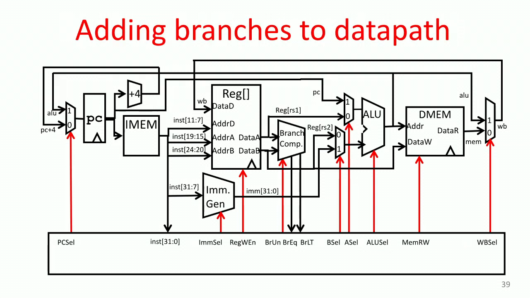RS1 and RS2 are used for the branch comparison. The ALU takes the offset plus PC value, computes the new branch target address, and sends it back here. If the branch is taken, meaning the registers were equal, then that gets loaded in the PC on the rising edge of the clock. Otherwise, we just load in PC plus 4, and we just continue executing a normal instruction sequence.